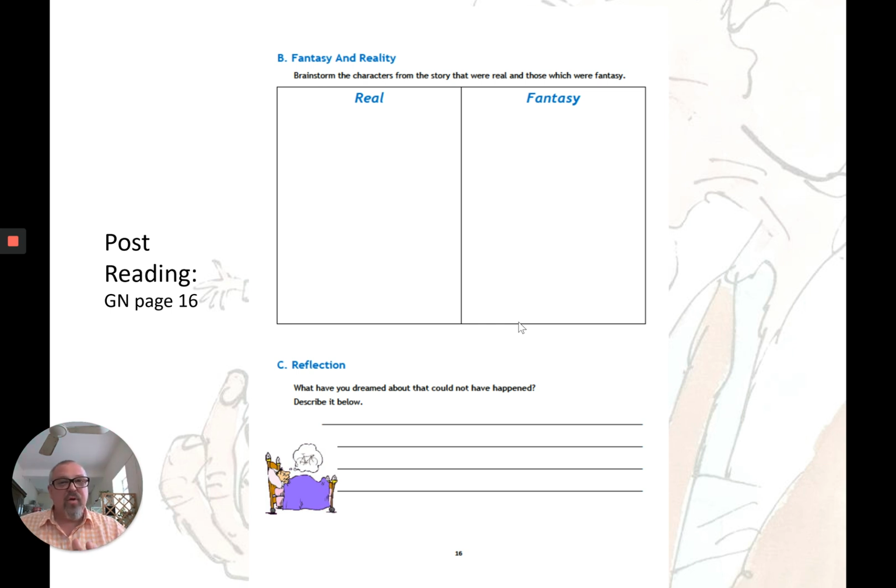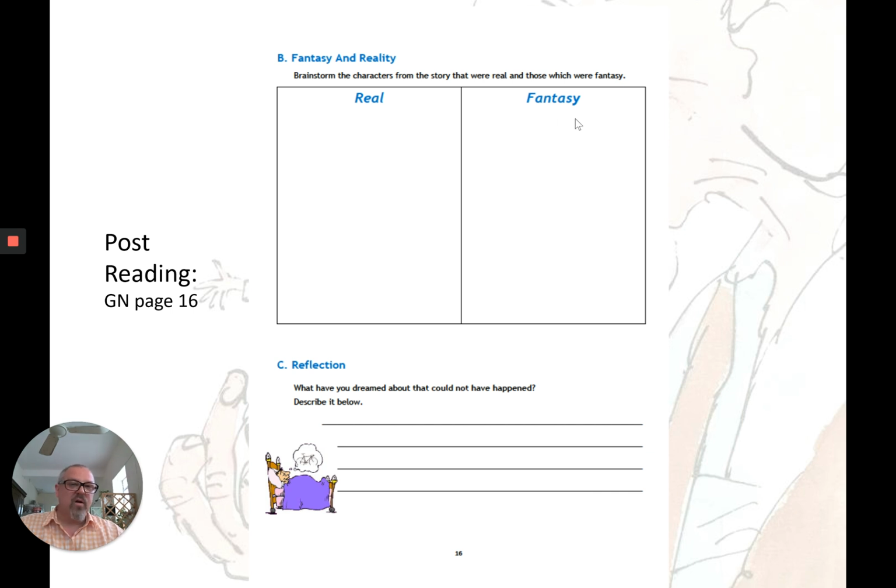As we said before we read the story, fantasy stories not only have fantasy elements, but they'll also have parts of the story that could be real. So, on page 16 of your guiding notes, I want you to quickly make some notes about what from what we read could be real, and what definitely is not real or fantasy.